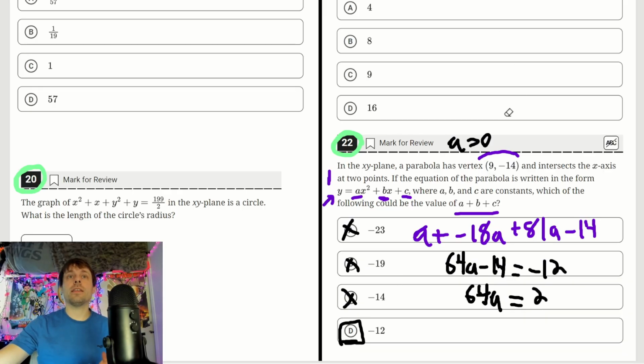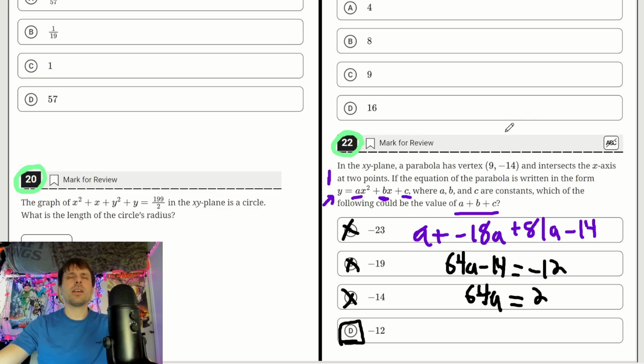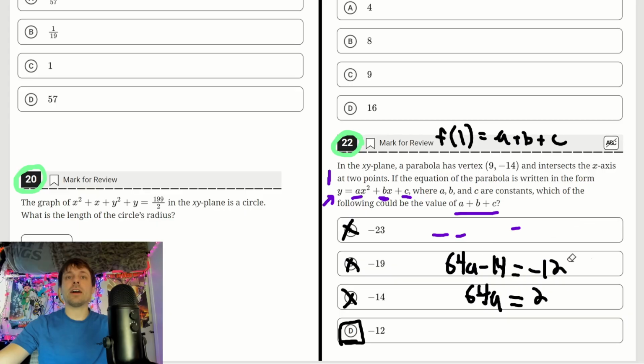The little shortcut that sometimes we'll see, hopefully a lot of times we'll see, is, well, what if we tried when x is equal to 1? Like if we said, well, f of 1 is going to be equal to A plus B plus C. And then you have to think, well, what possible values could there be for f of 1, right?